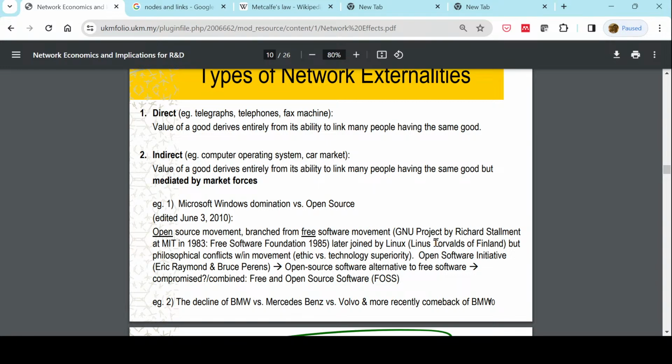Suppose I'm a computer scientist, a programmer, and I improve on the free software. My contribution is free. Everyone can benefit from it because in the free software movement, there are no fees.